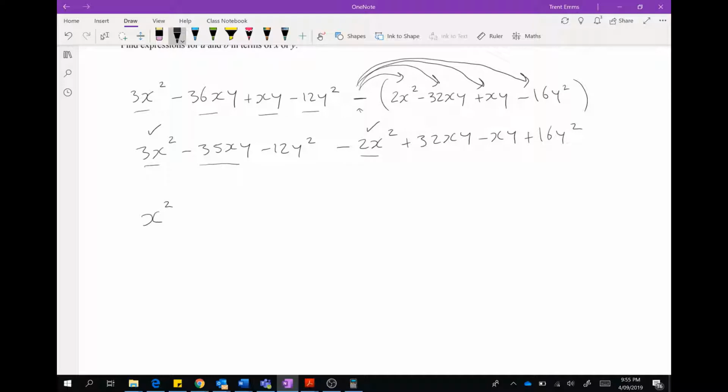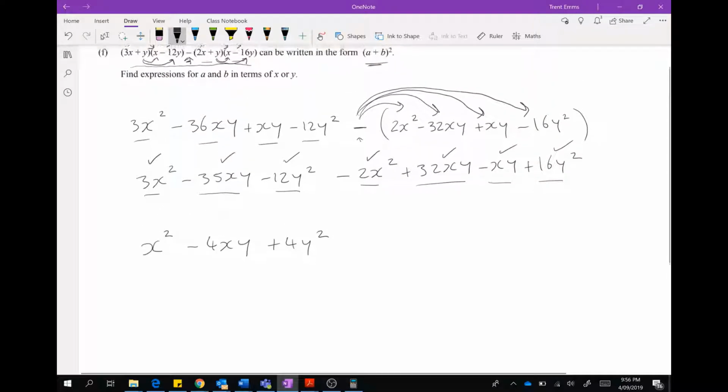Negative 35xy plus 32xy is negative 3xy, then minus 1 more xy will give me negative 4xy, and I'm going to tick them to know that I've counted all of them. And the last two things I haven't ticked are the negative 12y squared plus 16y squared, and that will give me positive 4y squared.